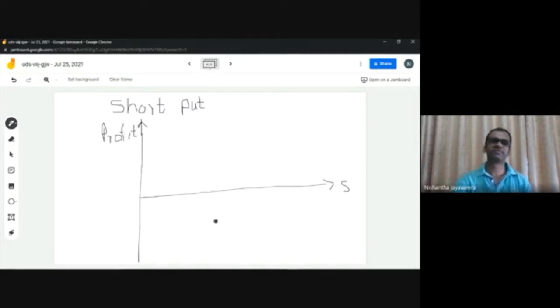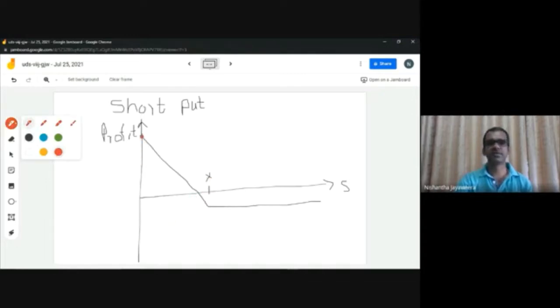What is the shape? This is for the buyer. Then what would be the diagram for the seller?